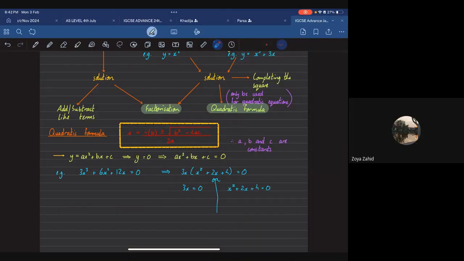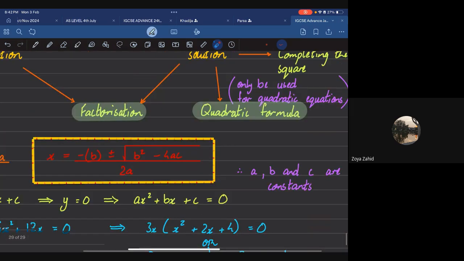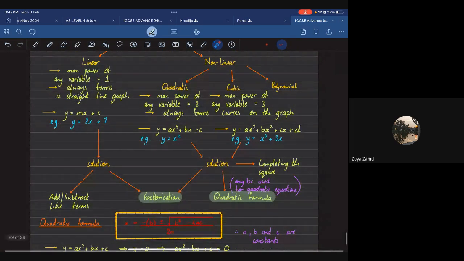So if we use this method where 3x is equal to 0, we'll be getting 3 x values, right? Yeah, obviously, because it's a cubic equation. Well done there.